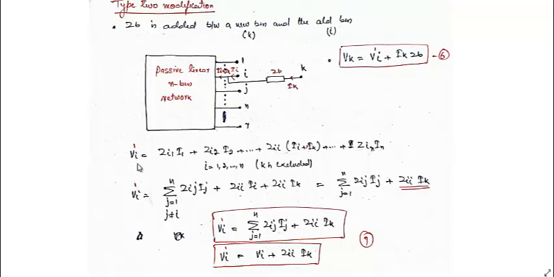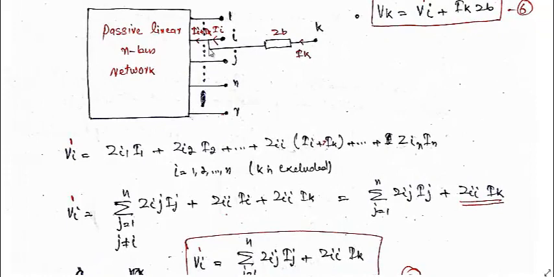So VI dash will now be the summation of j equal to 1 to n of ZIJ IJ. I am expanding it: ZI1 I1 plus ZI2 I2 plus ZII, where j is equal to I, times II plus IK, because at the ith bus we have the sum of the two currents, II plus IK.